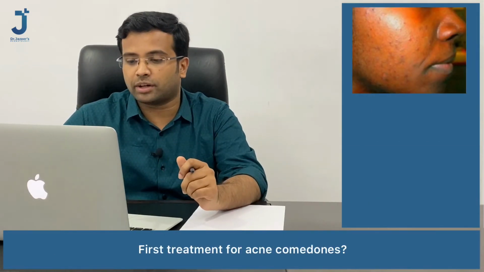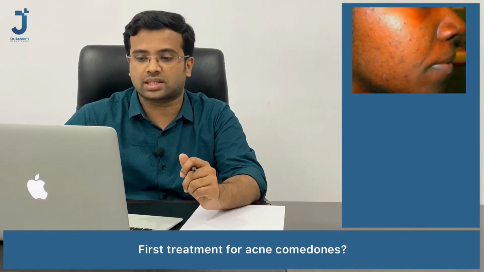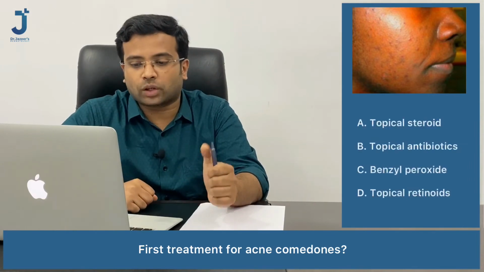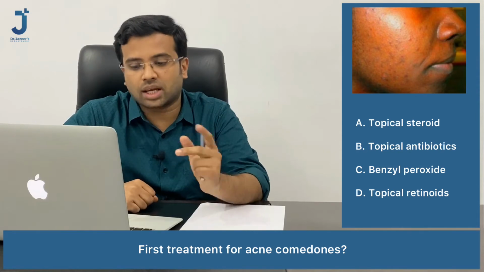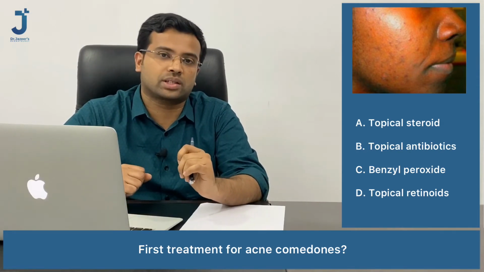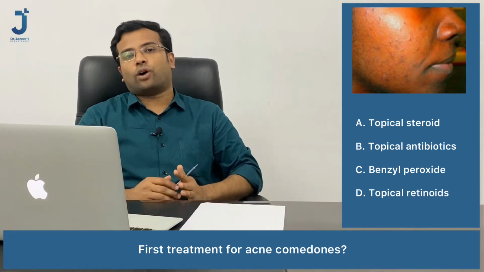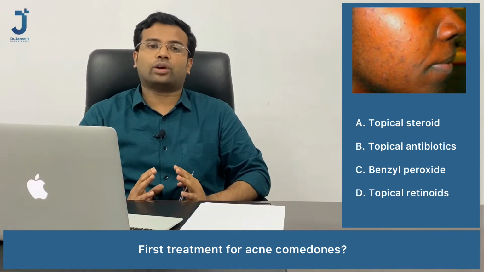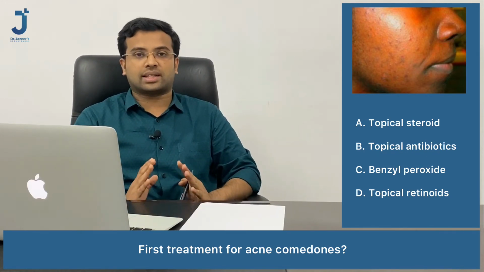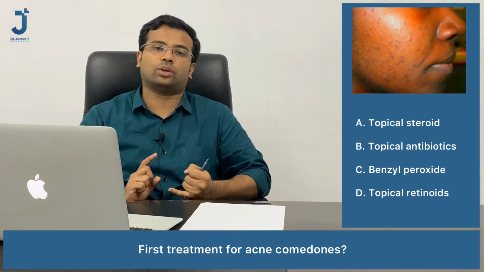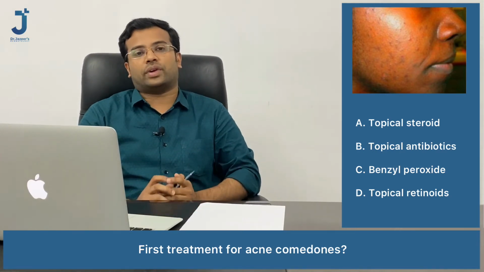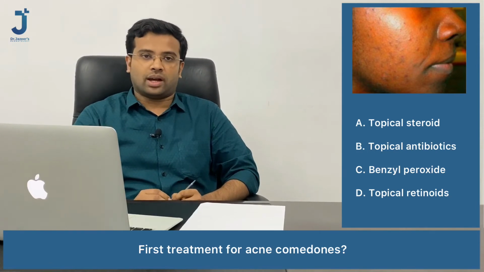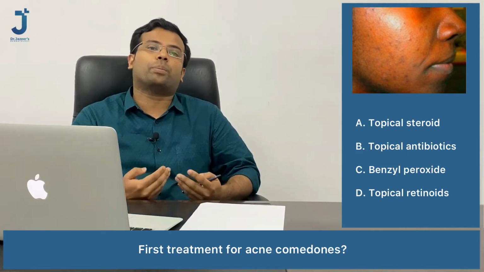So now let's see the next one. The first line treatment for acne comedones is. Options are topical steroids, topical antibiotics, benzoyl peroxide, and topical retinoids. We know that for all types of acne vulgaris except the severe forms like nodulocystic acne, the first line agent is going to be a retinoid, and we prefer to start with a topical retinoid.